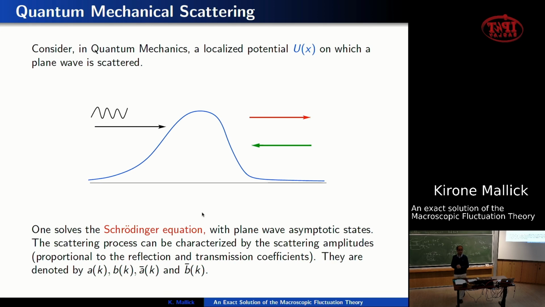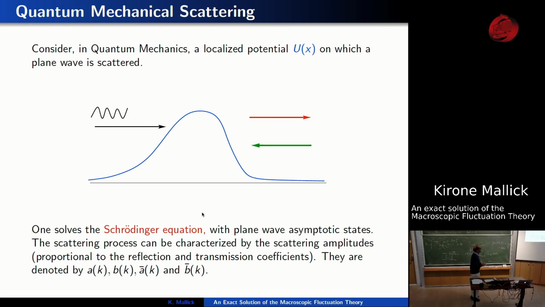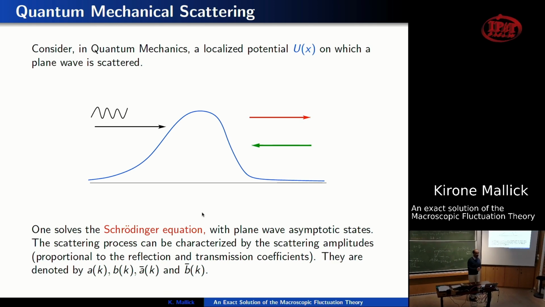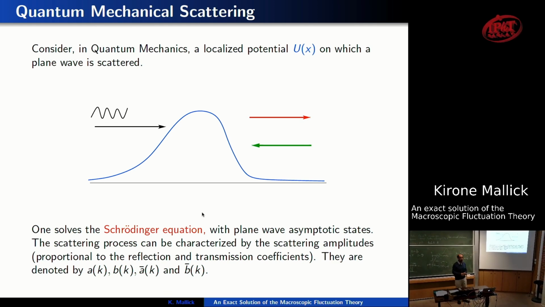So what we do when we study the Schrödinger equation with a potential, you suppose the potential goes to 0 at infinity, you send a plane wave, and you look how it's reflected and how it's transmitted. Okay, all did that. And if the potential is not symmetric, one should send a plane wave in one direction and look at the scattering, or send it from right to left and look at the scattering in the other direction.